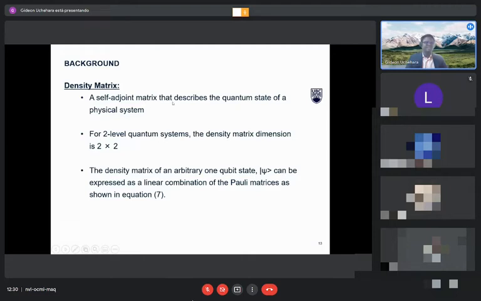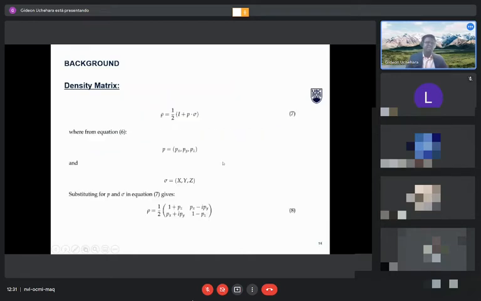The density matrix on its own is a self-adjoint matrix that describes the state of a physical system. For a two-level system, such as a qubit, it is a 2 by 2 matrix. It can be used to represent pure states as well as mixed states. We can also simplify the density matrix using the Pauli matrices we saw earlier, Pauli X, Pauli Y, and Pauli Z. This is what you're going to see in equation 7.